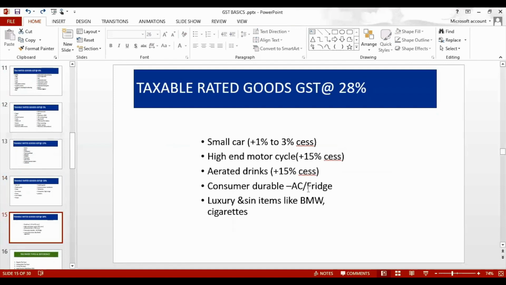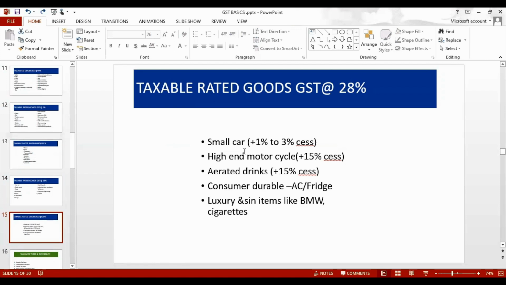In the GST portal, 28% depends on luxury items and entertainment items. For their own reason, they will take the risk. This type of tax we can calculate at 28%.